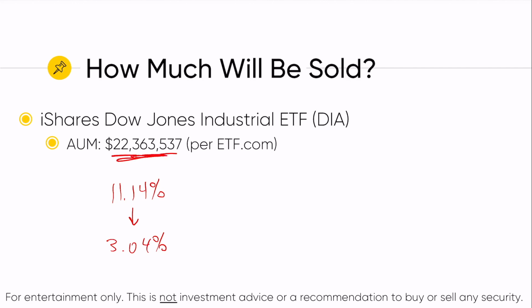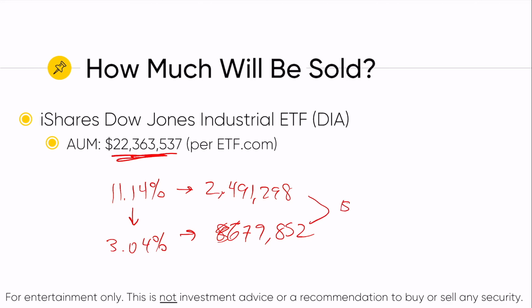So if we multiply this assets under management by these two numbers, we come up with 2,491,298, and the new ownership will be 679,852,000. So this is going to result in selling of roughly $1.8 billion. So this much is going to be sold from the DIA ETF.